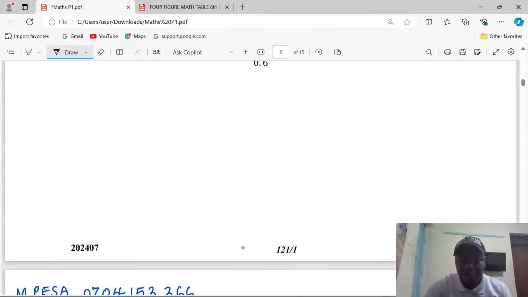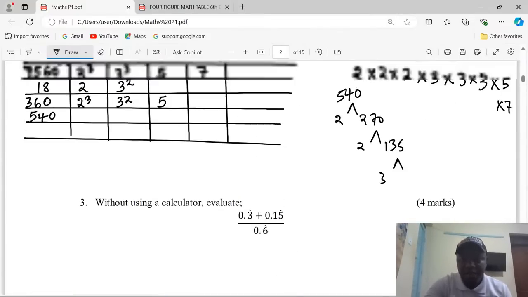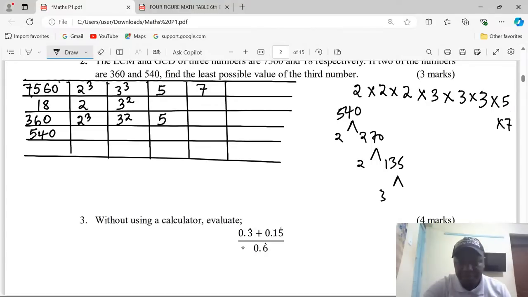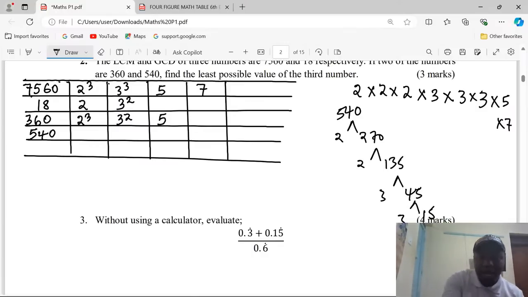Such that it becomes 45. And by 3 again, we will be at 15. Then by 3, we get 5. So now we'll be having 2 squared, 3 power 3, and 5 is power 1.